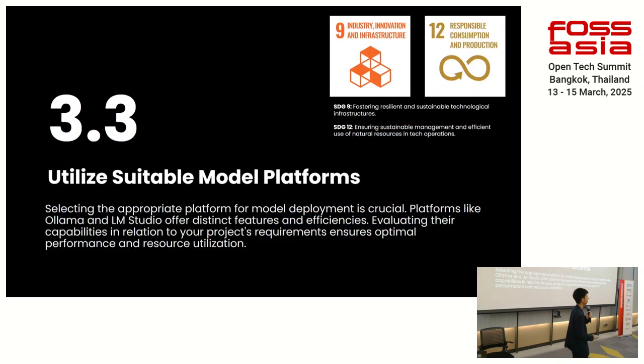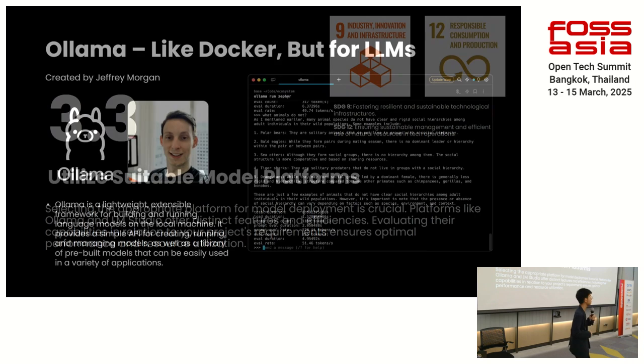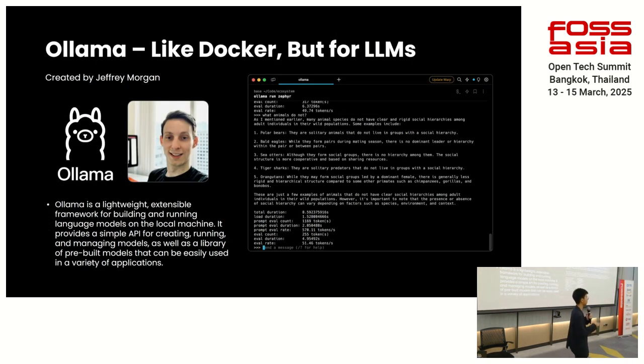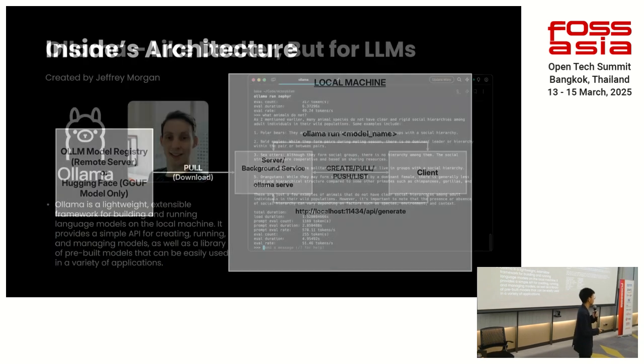The third one is to utilize a suitable model platform. I will show you two platforms that can be used for small language model deployment. The first one is Ollama, like Docker, but for LLMs. You can run it within the command line interface, and you can just type in the terminal.